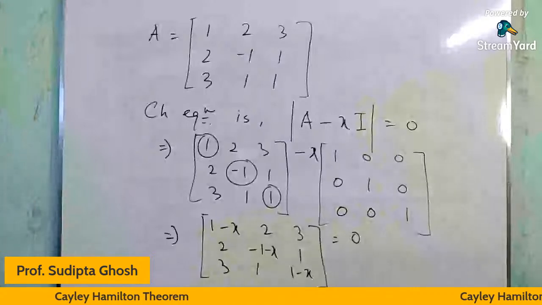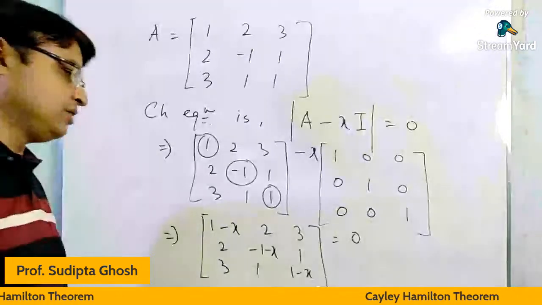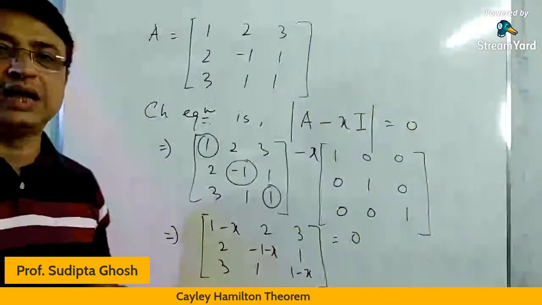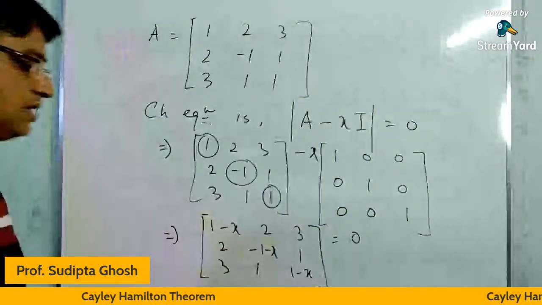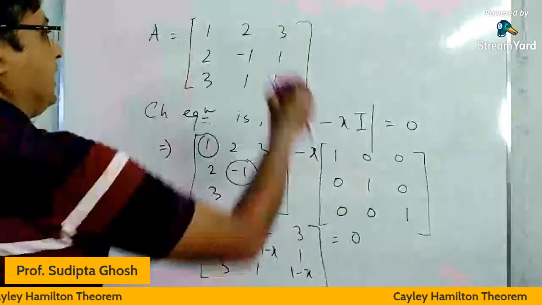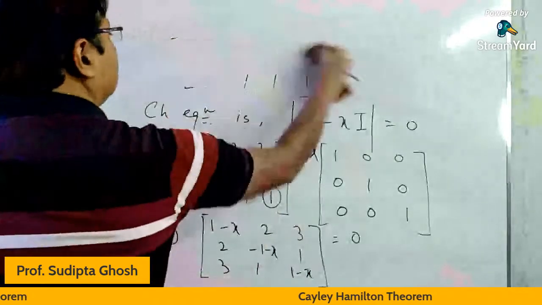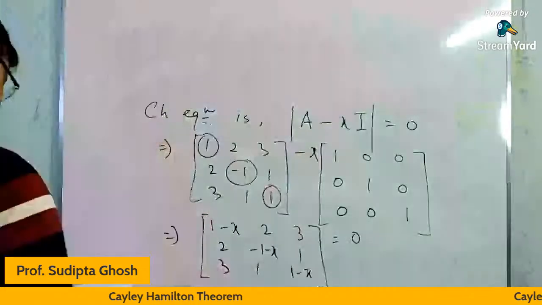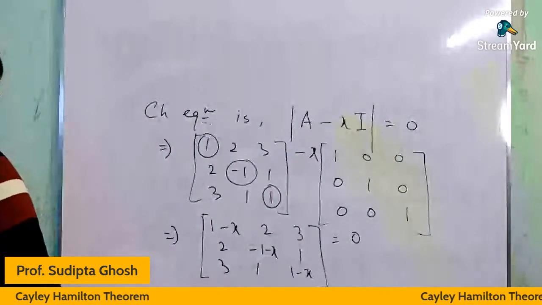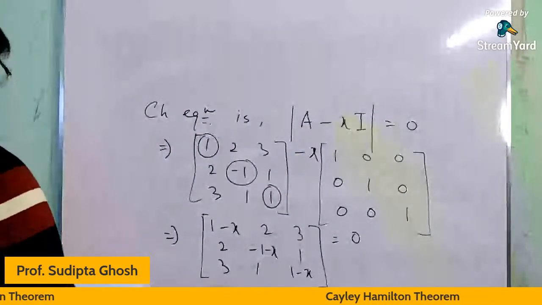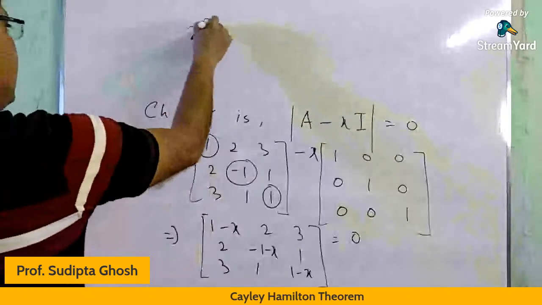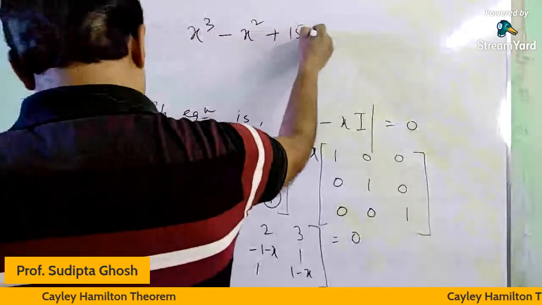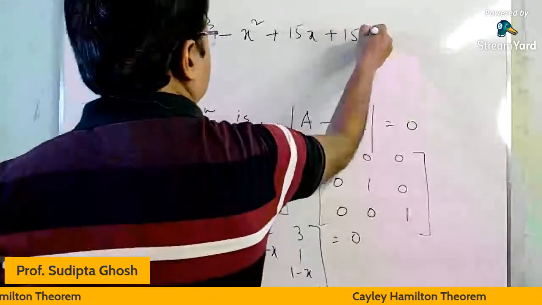Now you have to simplify, just find the determinant value of this matrix by simple algebraic manipulations, and you will find it as x cube minus x square plus 15x plus 15 equals 0.